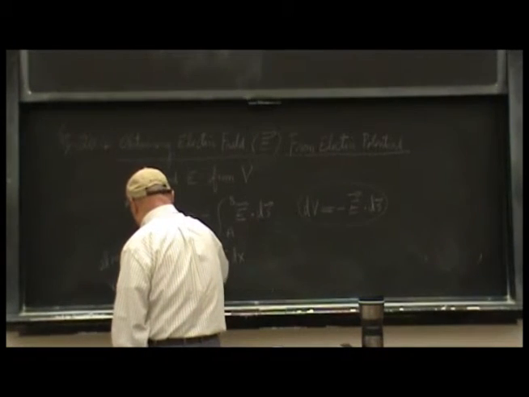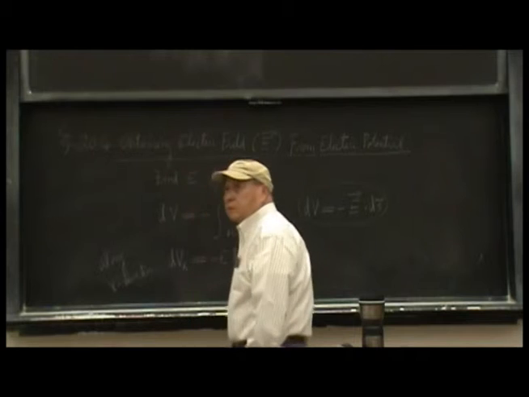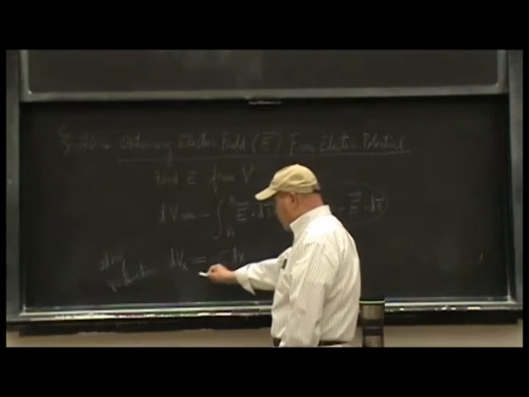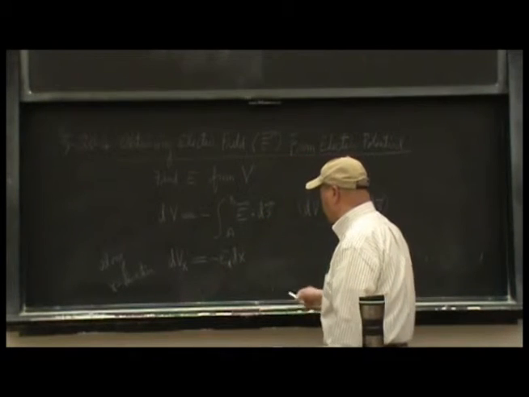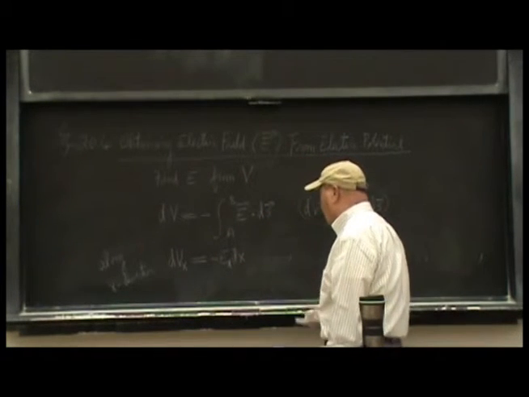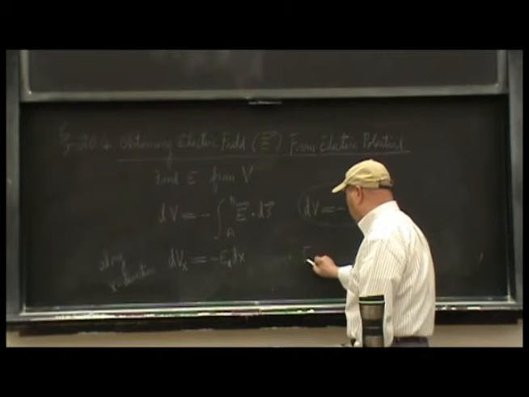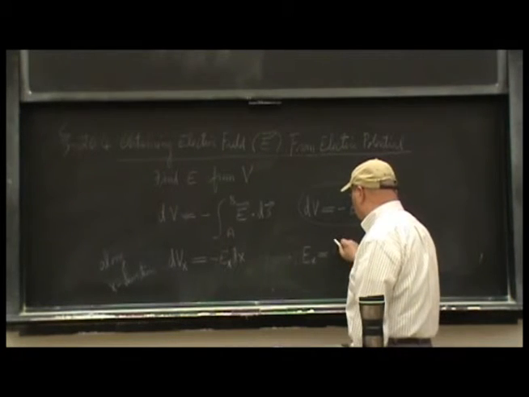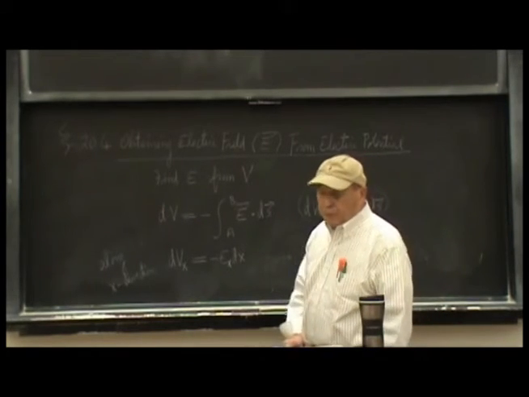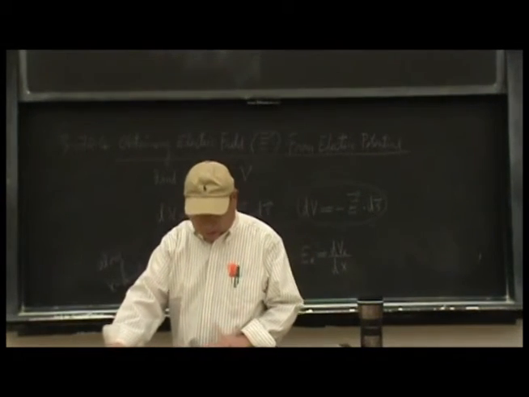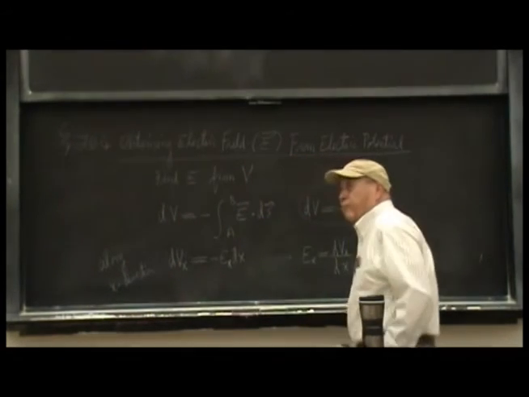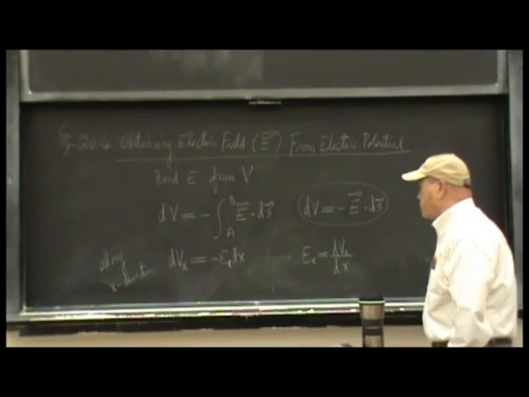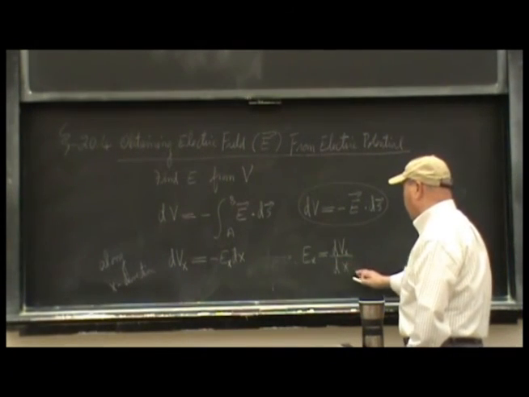So if that is along the x direction, the electrical field is along that direction as well. Based on this mathematics, we have E_x equal to minus dV_x over dx. From this simple analogy, we can say in general that from the electrical potential, we can come down to find the electrical field.